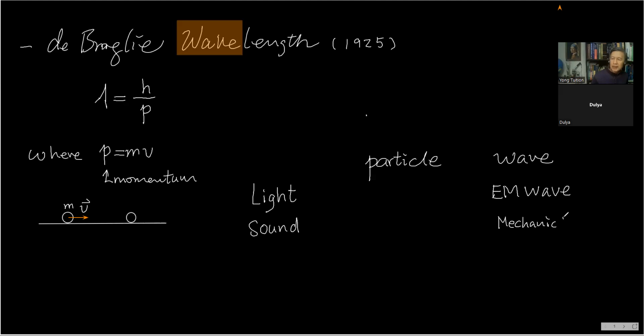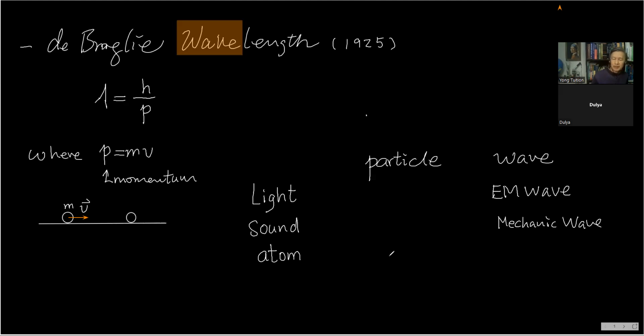So this is how we describe these phenomena, light, and how about the atom? How do we describe that? Do we describe the atom as a wave or a particle? Particle.